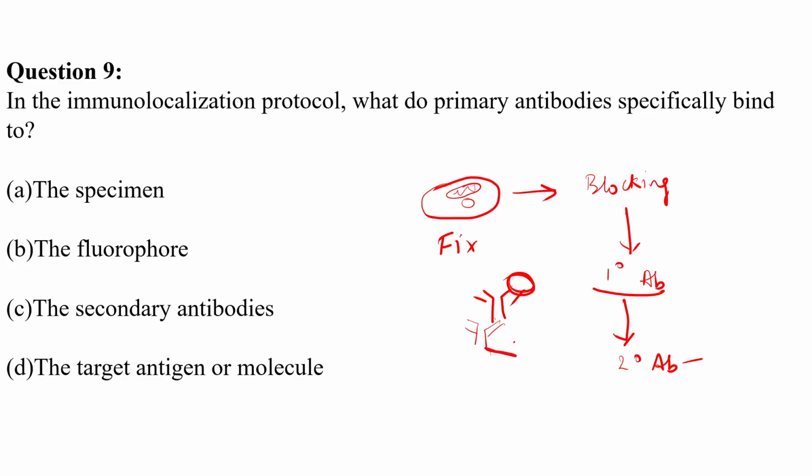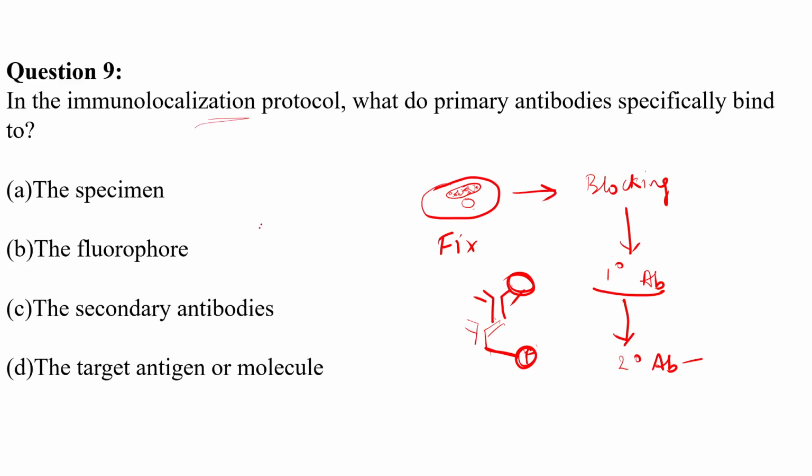The fluorophore or detection method will light up, and I can see the signal. Let's say I'm seeing the fluorescent signal inside the mitochondria, but no fluorescent signal inside the nucleus. That's how I can understand that this protein is going into the mitochondria and not the nucleus. That is how this kind of experiment, immunolocalization, is done.